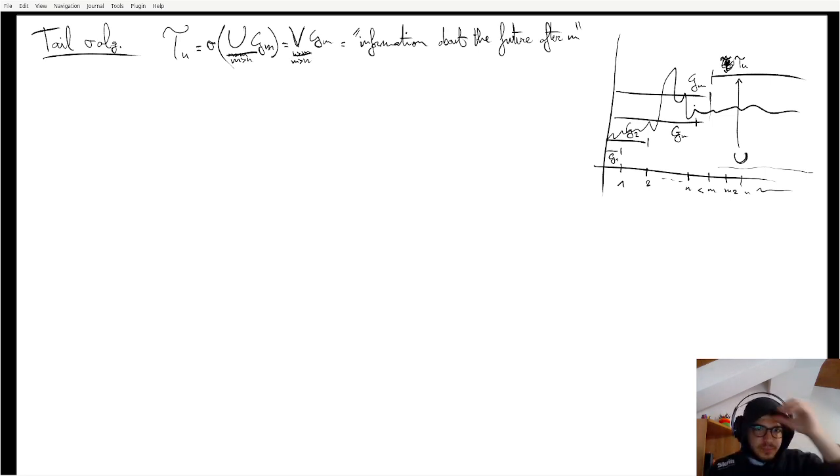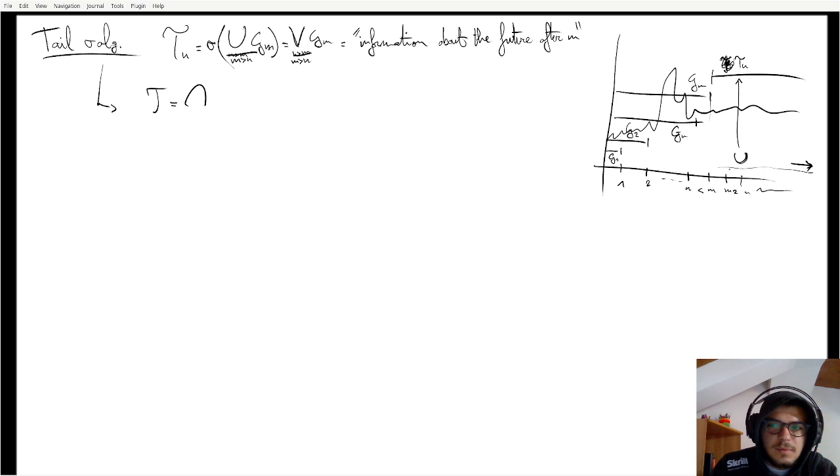And now given this, we can define the tail sigma algebra, which is this thing here. We denote it with the calligraphic, I will just write it like this, but it's still a T. And this is the information about the remote future. So it's something which happens really at the end of the process, and it should be the intersection.